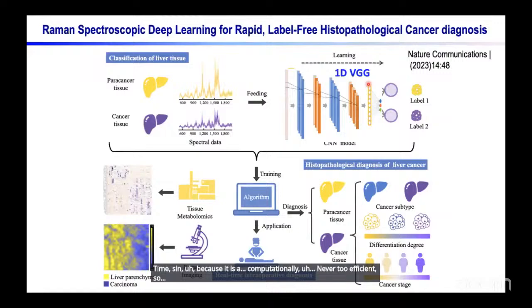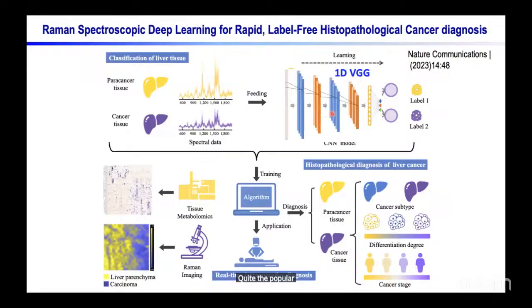But anyway, it is a quite popular CNN architecture. So the author actually used this VGG architecture for learning and prediction purposes. So this is the kind of thing.